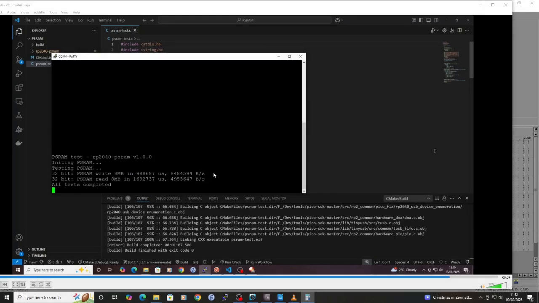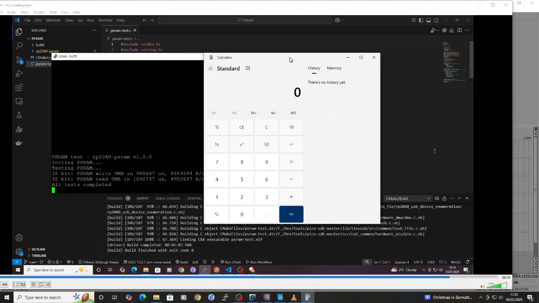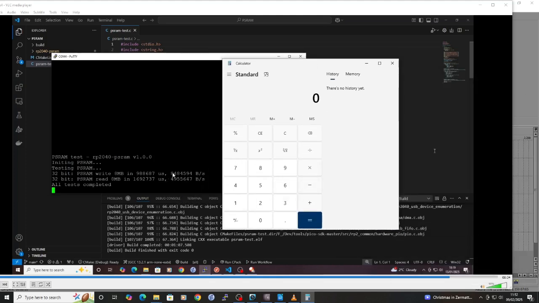These were the read-write figures that I was getting when testing PSRAM in my revision 2 hardware, and I was getting these bytes per second rates. I felt those were pretty good, but if we take an average, that's 6.7 million bytes per second.